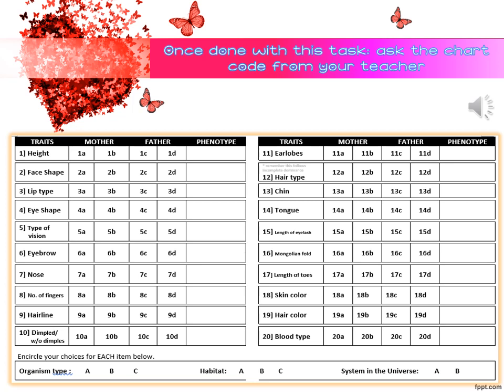After doing 1 to 20, you go to the bottom part of the tables and you can find there the choices for each item.